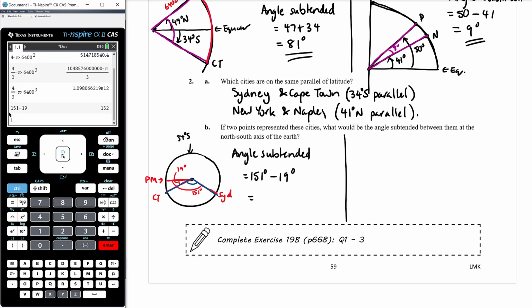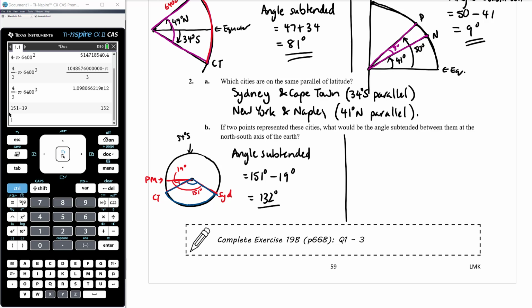Sorry, I should have done that in my head. 132 degrees between them. And again, you can see how we would then be looking at potentially calculating the distance between Cape Town and Sydney along this parallel of latitude. The difference here is that the radius of that parallel is smaller than the radius of the Earth. So it's some extra calculation to work out what the radius of that parallel of latitude is.